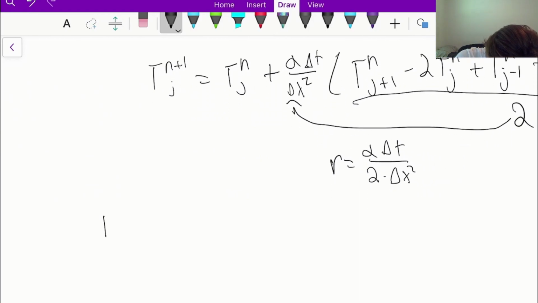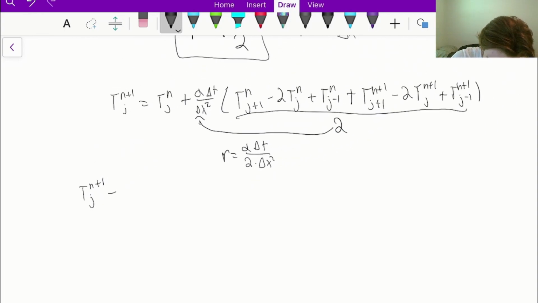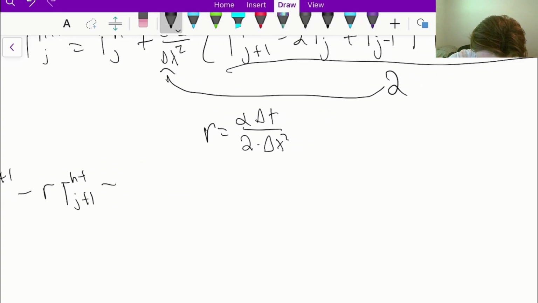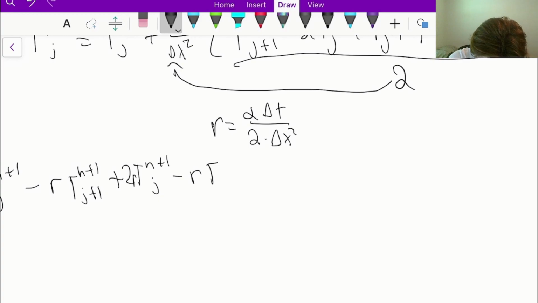So we get (1 + 2r) times T at n plus 1 at j, minus r times T n plus 1 at j plus 1, plus 2r times T n plus 1 of j, I forgot the r right here, so that's 2r, minus r times the temperature n plus 1 of j minus 1.